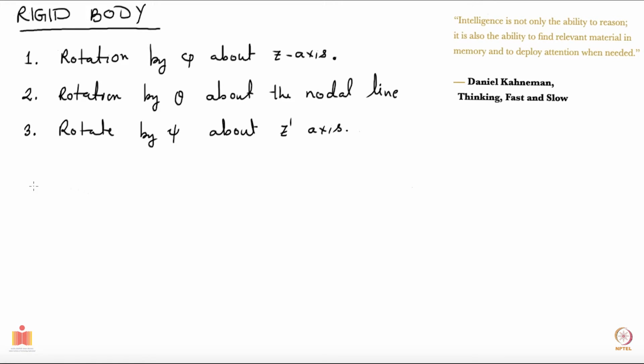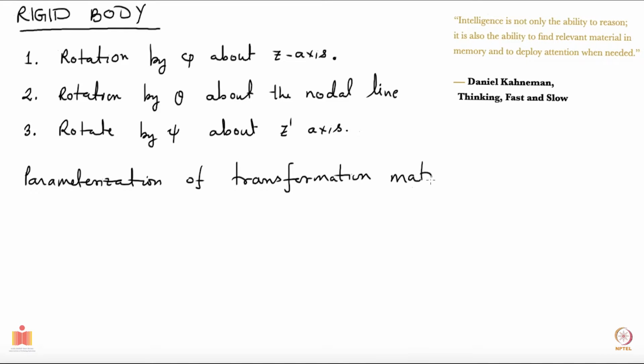So what I am looking for now is parameterization of transformation matrix A using Euler angles. That's what I am going to do next. Okay. Well, it's fairly easy thing to do if I understand these 3 steps.